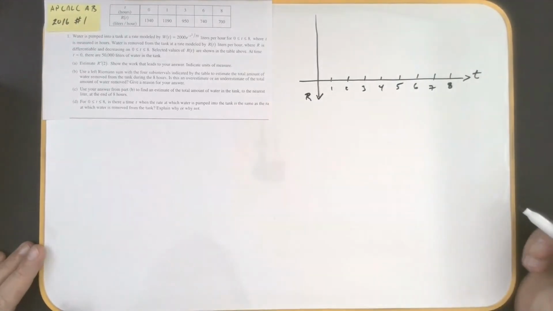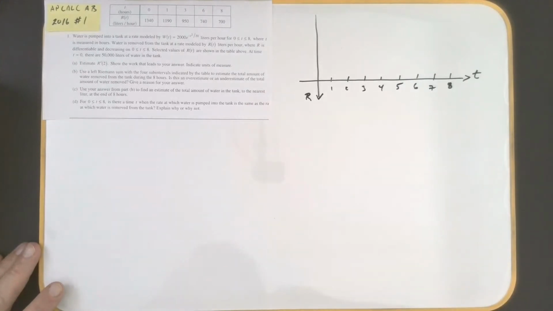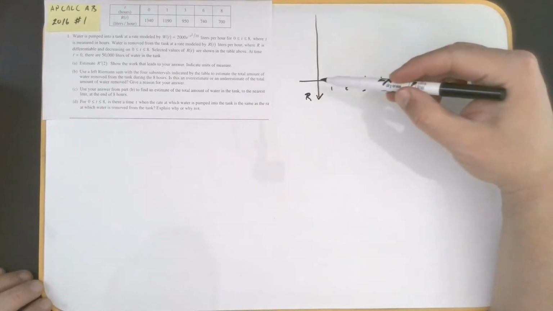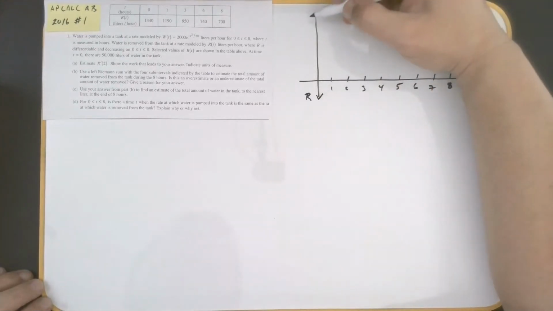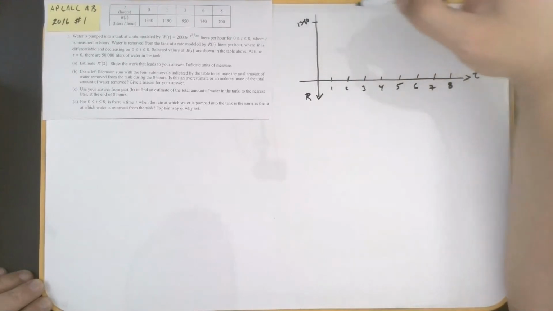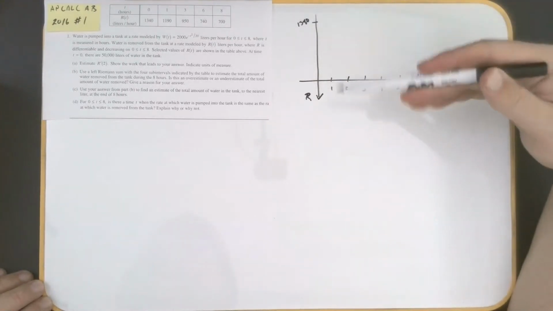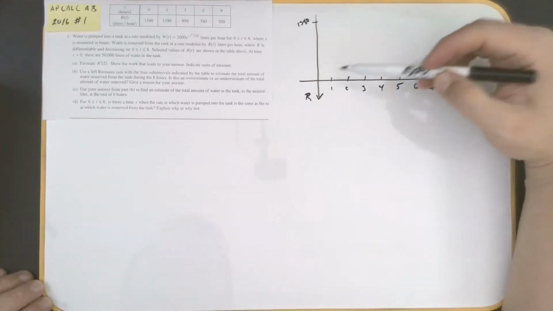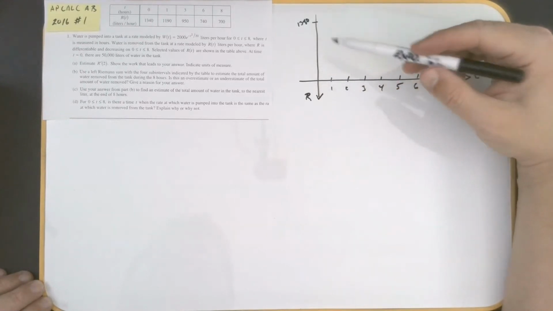And then this is the graph of the rate. I'm going to call it R. This is the rate that the water is being removed from the tank. So water in, water out, and this is the rate it's leaving. When it begins at time equals 0, that's our highest amount, and it's 1340. I don't get too concerned about unit or the scale. I just want to get these values on here. At 0, we're at 1340.